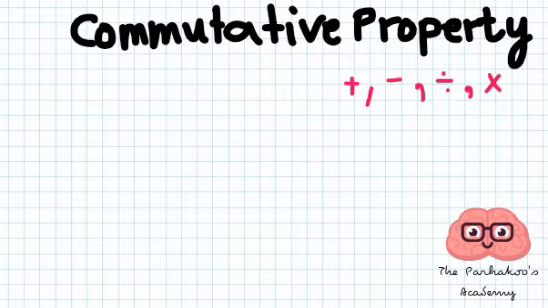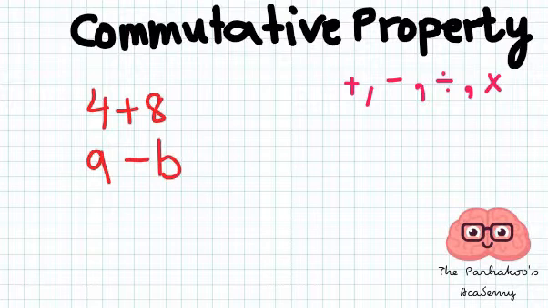When we apply these operators between numbers, like 4 plus 8 or a minus b, or on different numbers or variables, we observe that there are certain trends which are always valid. That becomes the property of that number system or with respect to that operator.